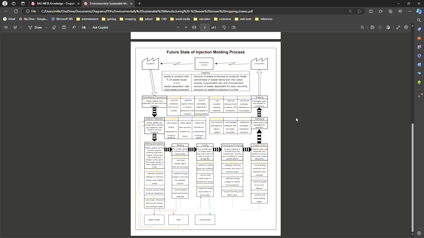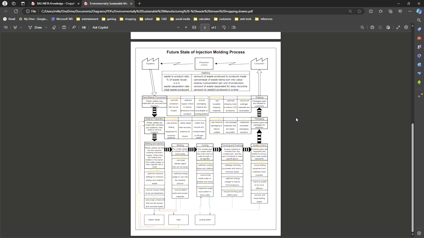And to reduce emissions, you could optimize your supply chains to reduce emissions from transportation. For material prep, it's using precise dosing equipment to minimize additives, and utilizing waste heat recovery systems for dryers, so that you don't have to waste as much energy to use and start dryers. And then collect and recycle any contaminated or off-spec pellets, which means like reselling contaminated off-spec pellets back to suppliers.